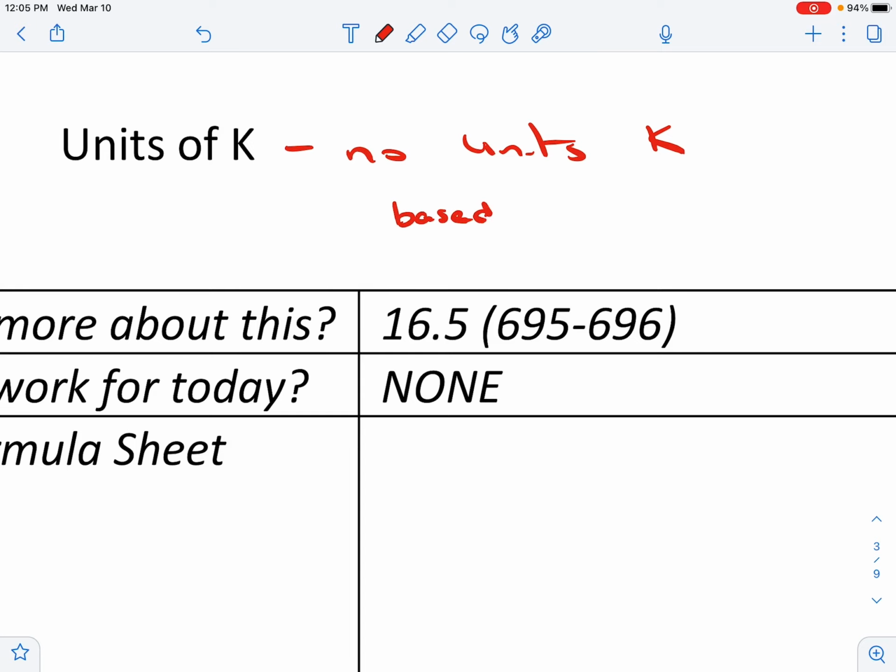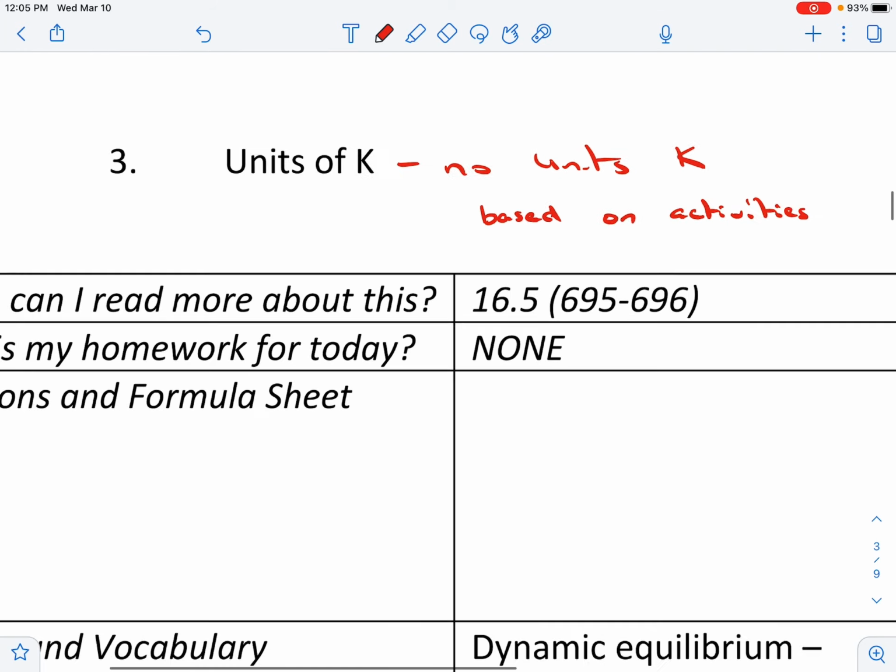And that's kind of out there, but you can either think that there's no units on K and just not worry about it, or you could say that it's based on activities. And the way I think of activities is, this may not be 100% right, but it's distance from one, or distance on the number line. You know how those don't have labels, right? That's what we're talking about there, like I said, in a very simplified form.